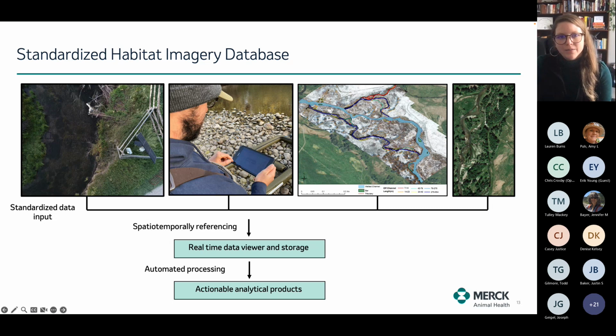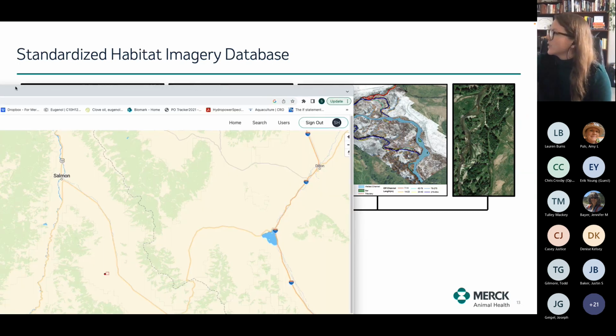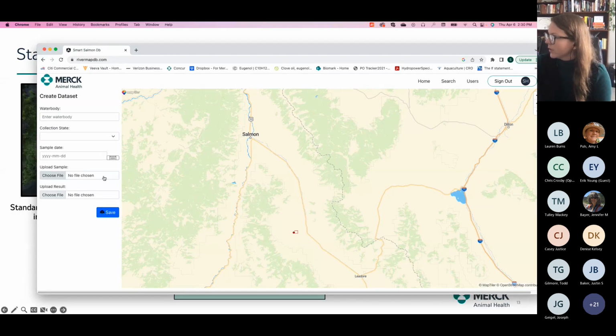While we don't have automated processing to date, we do have some offline processing that can be uploaded into the database as well. One thing I should point out is that you can upload the drone imagery, but you can also upload any of those analytical files. Anything that comes out of, let's say, GIS, for example, is really one package that we're trying to put in one place. So you can download the raw imagery and any analytical products associated with it.